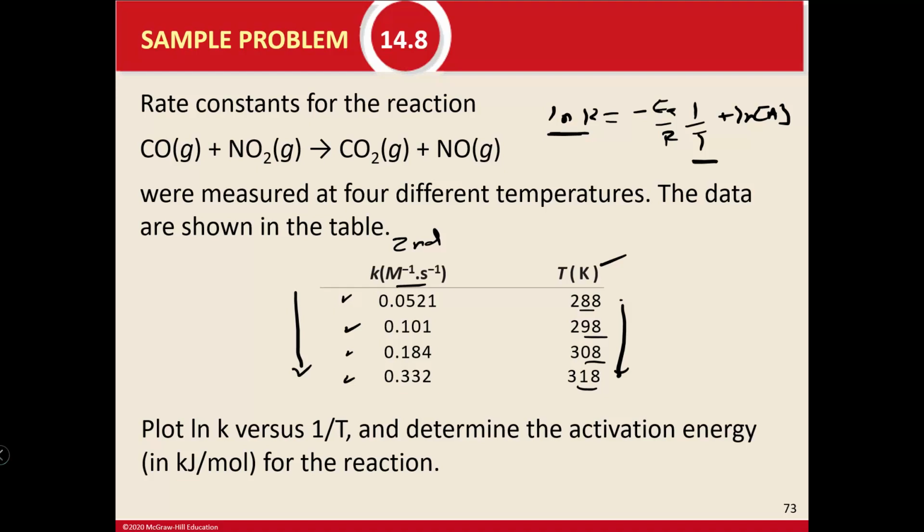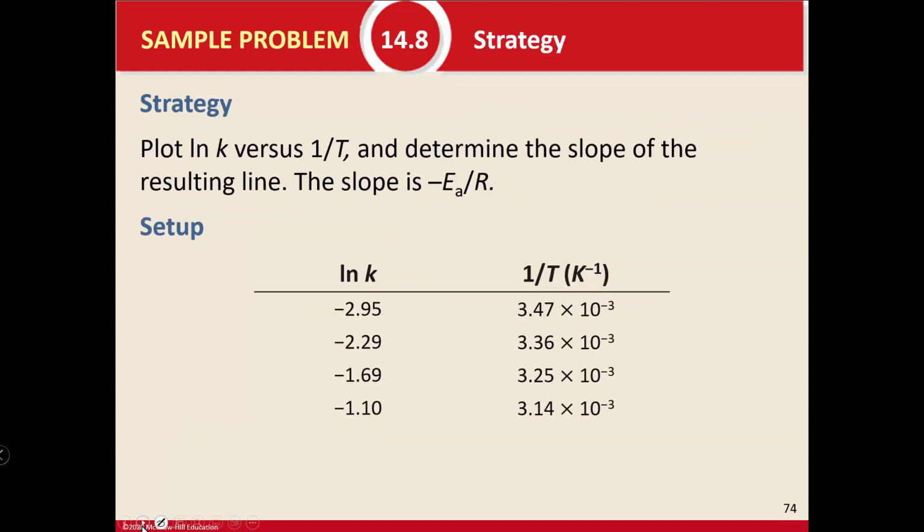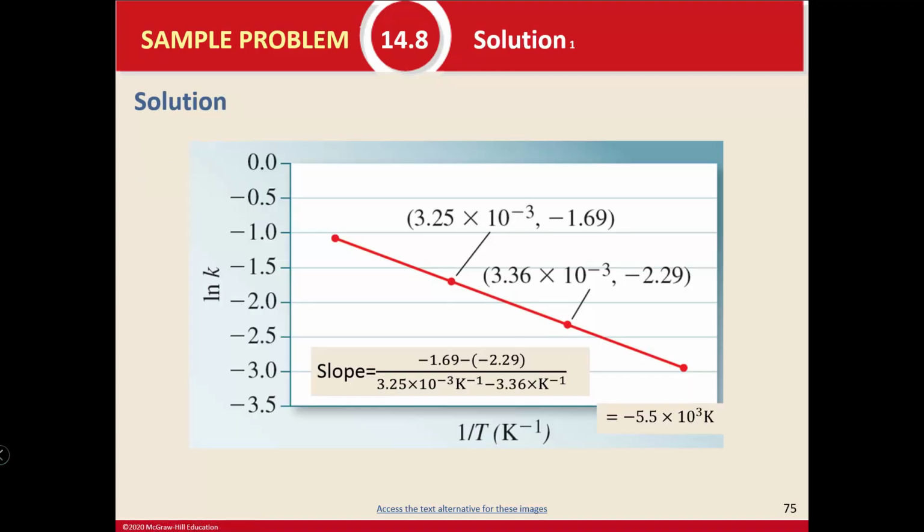So let's do that. The first thing they do is change the k's to ln of k's, and then they change the temperatures to 1 over K. You can do that if you want to. Then when they plot the data, they get a negative slope line, which it should be.